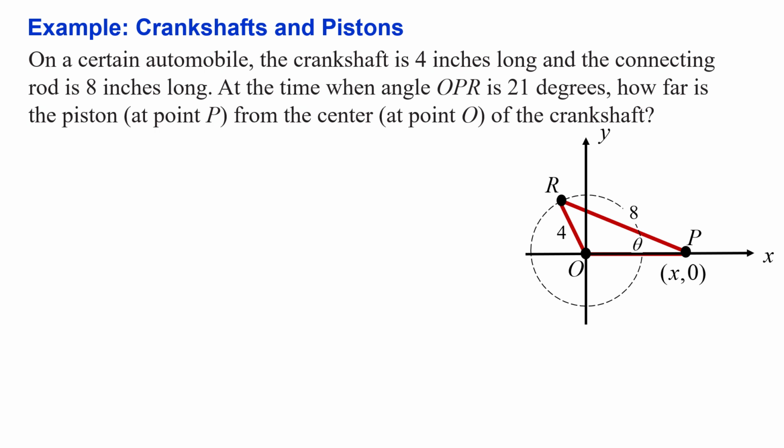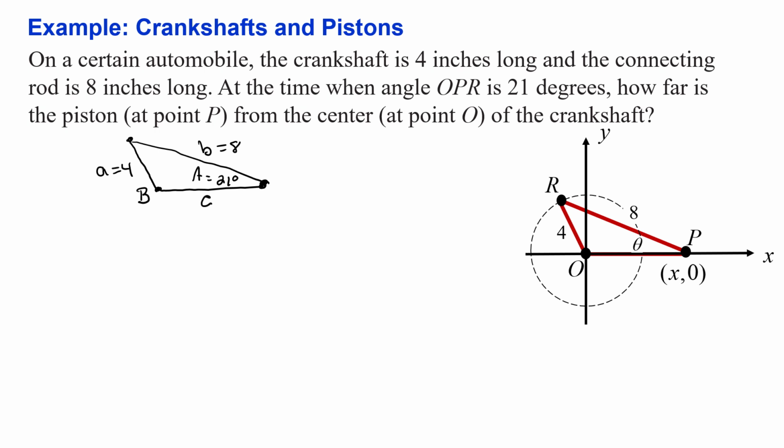Now let's convert our diagram and use the standard labels of A, B, and C for sides and angles. We begin by drawing a triangle with a horizontal side of length C that represents the x-coordinate of point P. This is the length of line segment OP that we're being asked to calculate.